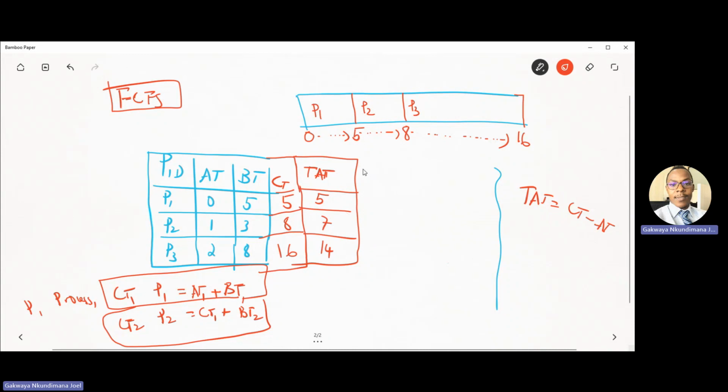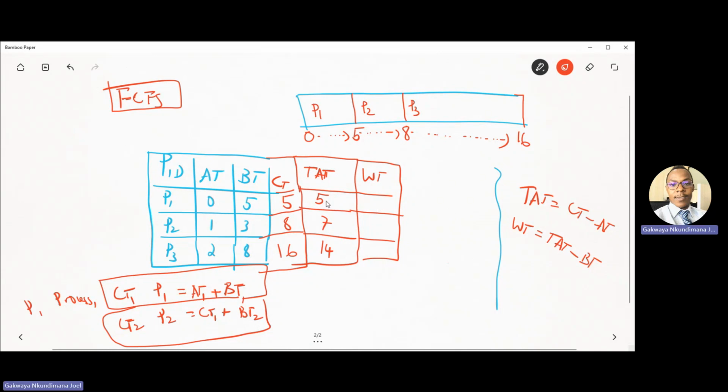Now you find waiting time for these processes. Waiting time is equal to turnaround time minus burst time. Remember burst time? The time a process is given to complete, or to finish the execution.